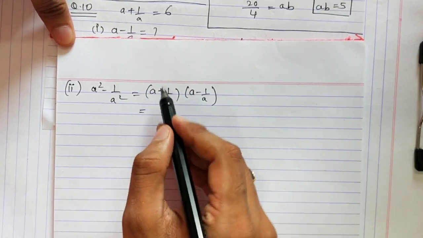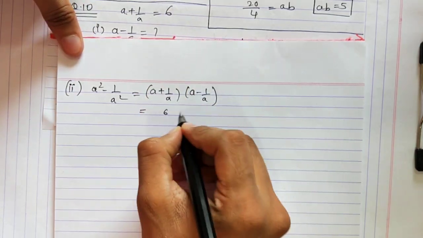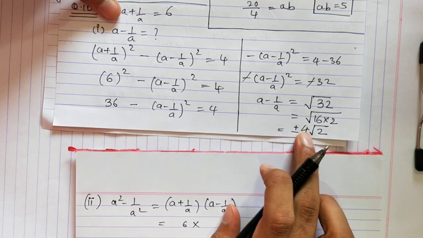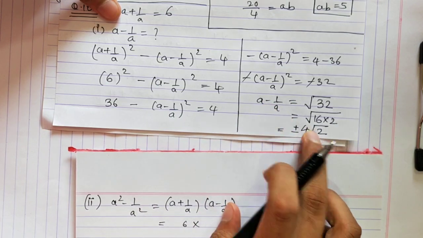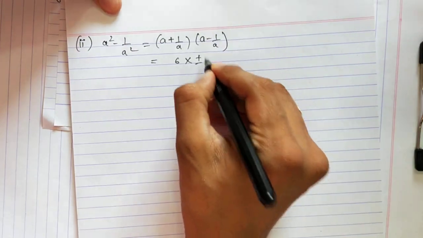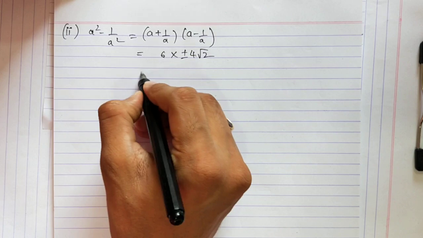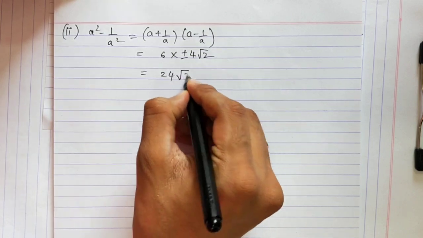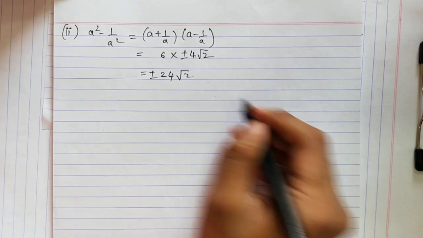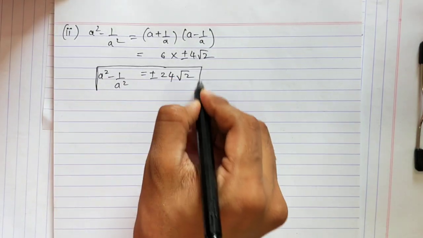Now a plus 1 upon a was given in the question as 6. A minus 1 upon a we found as plus minus 4 root 2. Now 6 into 4 is 24 root 2, and this plus minus sign will get continued. So this is the answer for a square minus 1 upon a square.